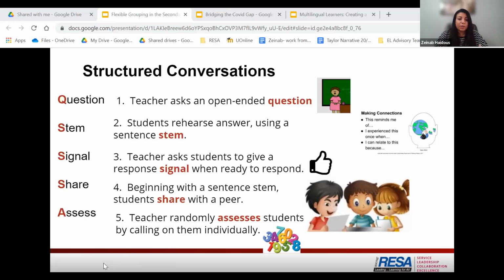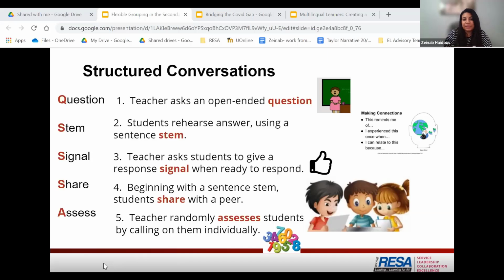And it can focus on prior knowledge or anything that you may like to have your students discuss. Then after you pose the question, you provide students with a stem. So you tell them, when you discuss your answers, I want you to respond in this format, and you give them a sentence stem. So this gives them the opportunity to practice any targeted academic language that you would like them to use.